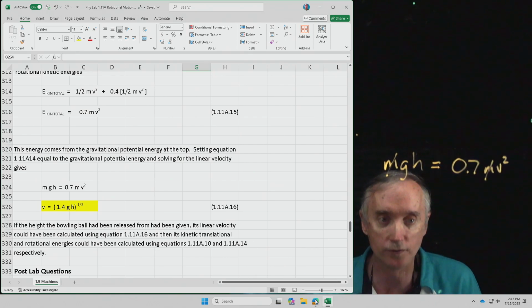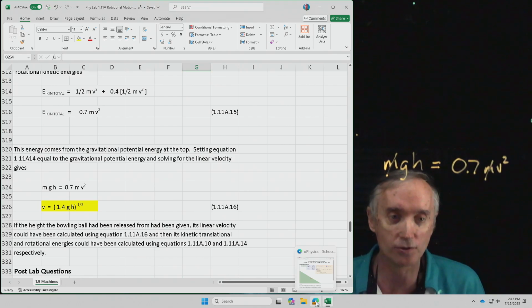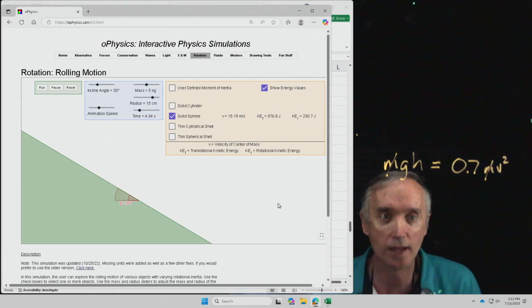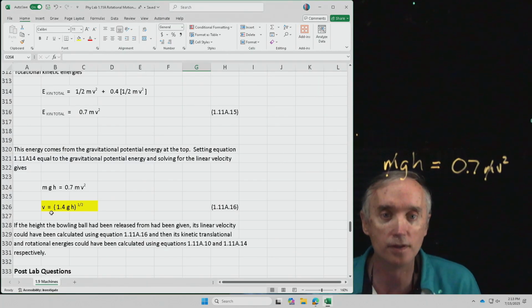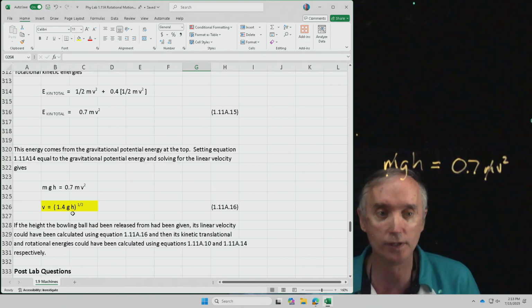So if we wanted to, which we're not, thank goodness, but that's what you're thinking, I'm sure. But if we wanted to, we could take the v from the simulation here, and plug it into this equation, and solve it for h, and that would be the height that the bowling ball was released from.